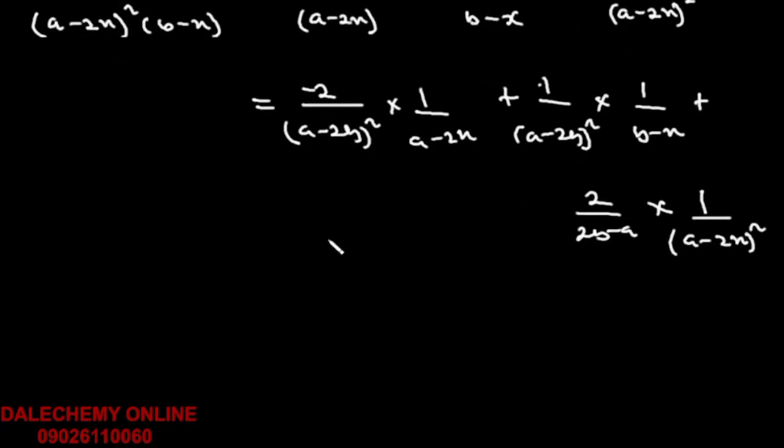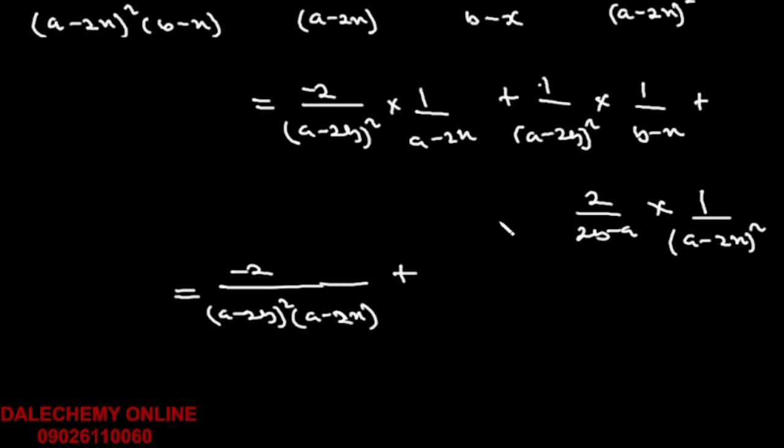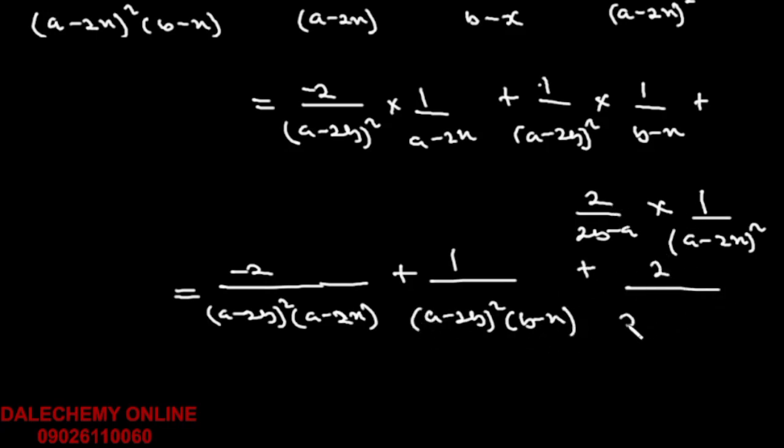So by the time you multiply, you have it equal to minus 2 divided by (a minus 2b) squared, then times (a minus 2x), then plus 1 over (a minus 2b) squared times (b minus x), then for the last term, that will be 2 times 1, 2 divided by (2b minus a minus 2x) squared.